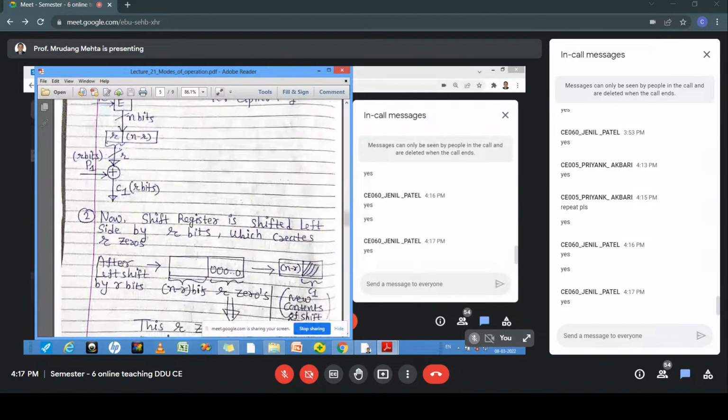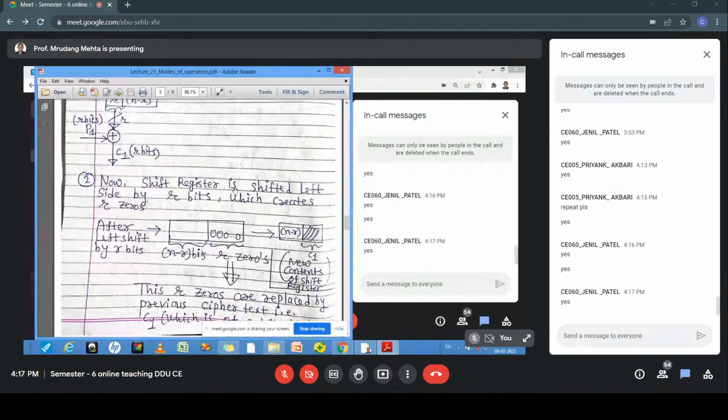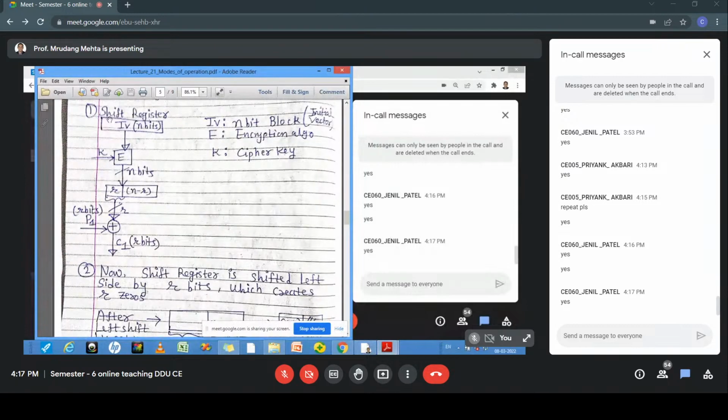Okay, now see what happens. This is very interesting. Now the shift register is shifted left. This is the first operation for P1 and C1. For the second operation, we need this, right?